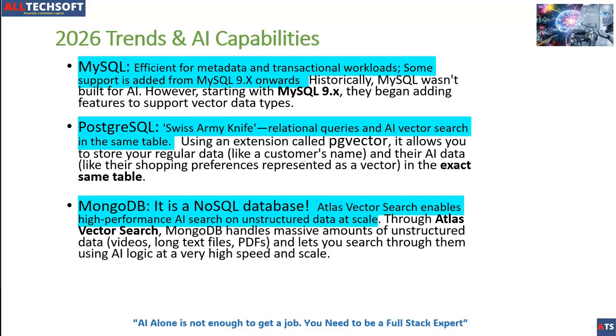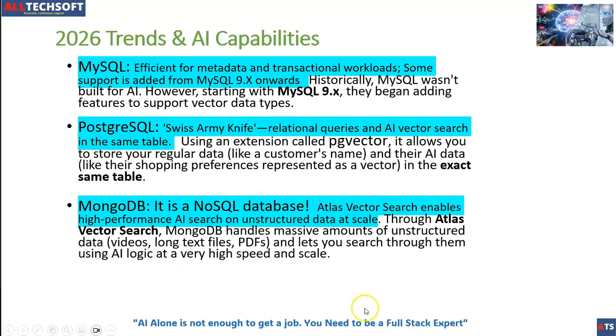These are the trends and AI capabilities of the three databases which we talked about. MySQL has very limited support for AI, and from 9.x onwards they are supporting some limited vector data types.